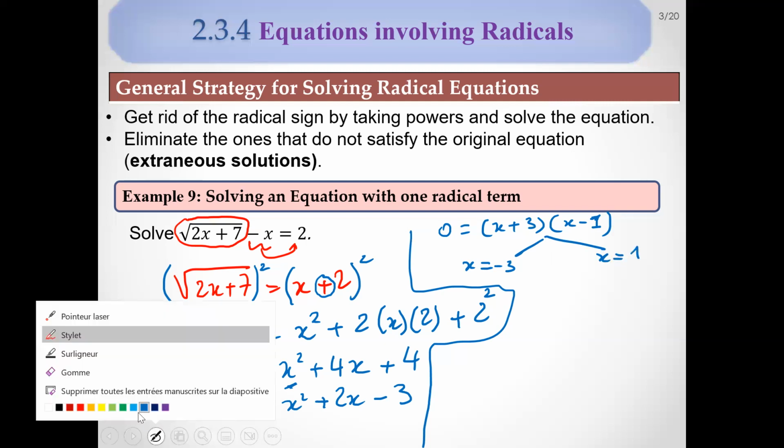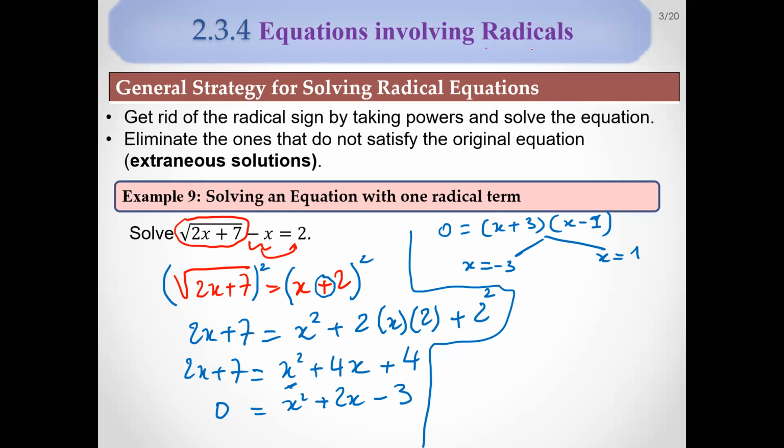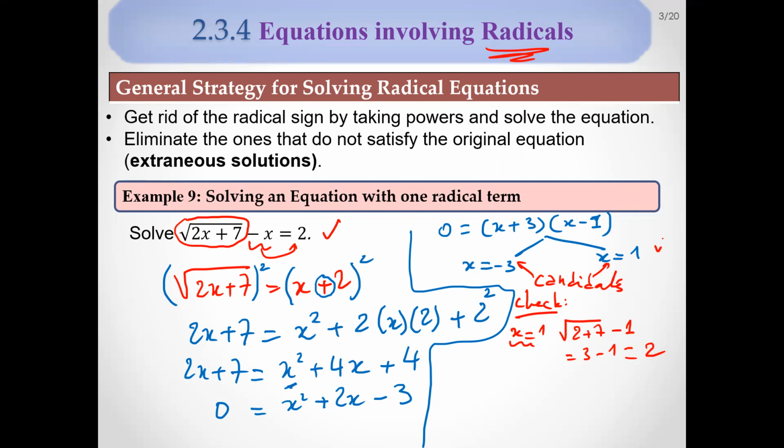Be careful, I repeat, for this type of equation, these are still candidates to be solutions. They are not solutions. So we have to check whether the equation is satisfied. For x equals 1, we replace x by 1 in the equation. We get root of 2 times 1 plus 7, minus 1. What does this give? Root 9 is 3, minus 1 equals 2. Yes, it's a solution. So this is validated.